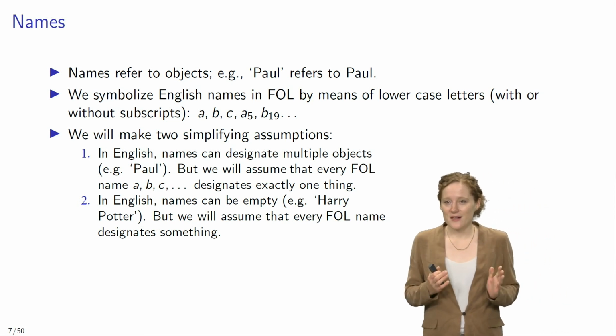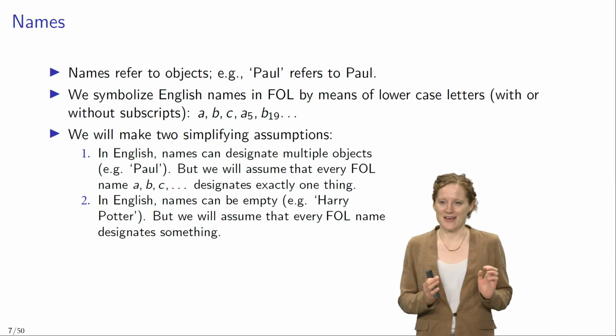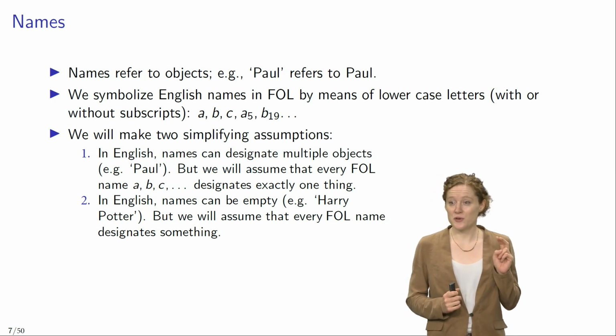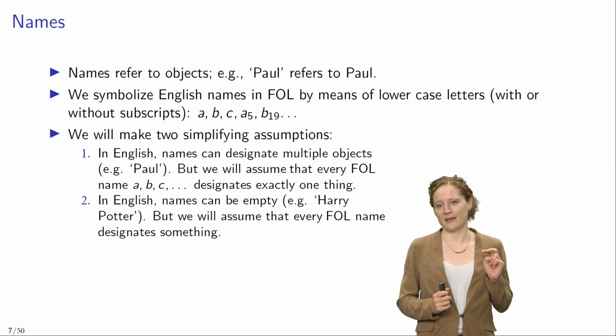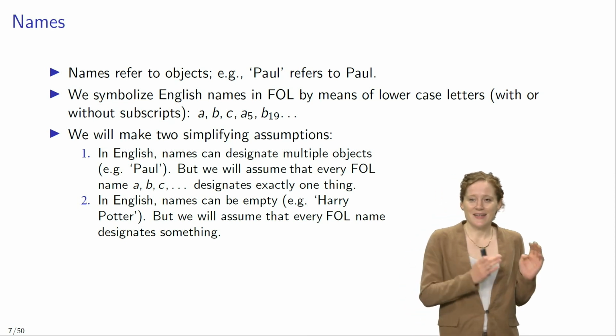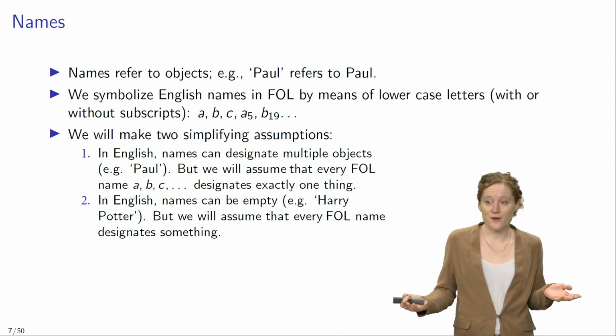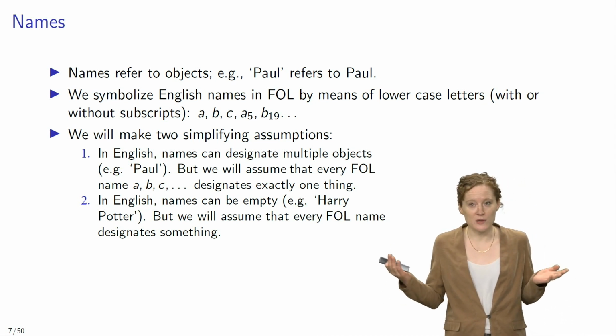Now, FOL simplifies certain aspects of English. And here I want to emphasize two simplifying assumptions that we are making. In English, names can designate multiple objects. So for example, you may know more than one Paul.